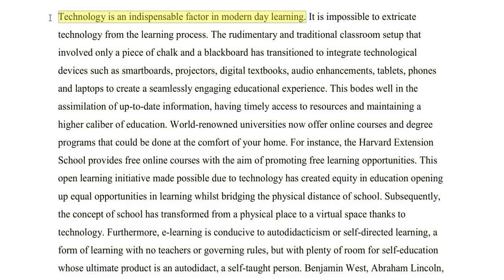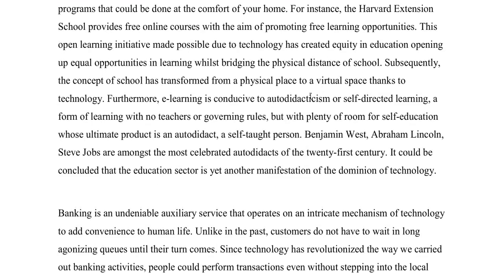It's an indispensable factor, and this is the topic sentence, and at the end we are rewriting it again, rephrasing it in different words. We are paraphrasing it towards the end, which will be called the closing sentence or the concluding sentence. Without the concluding sentence, there is no attraction.